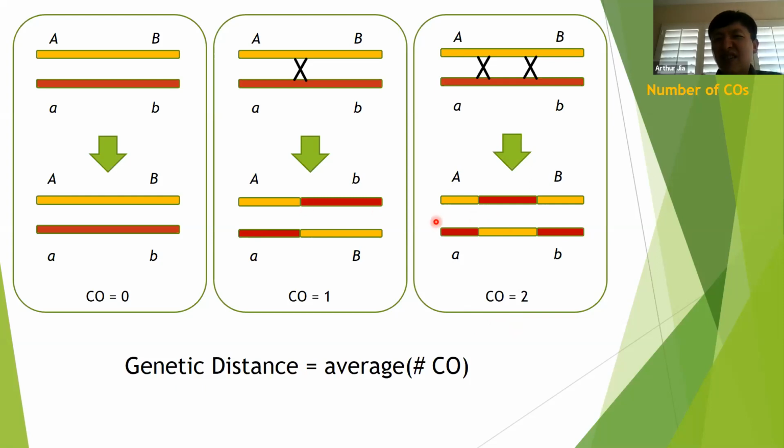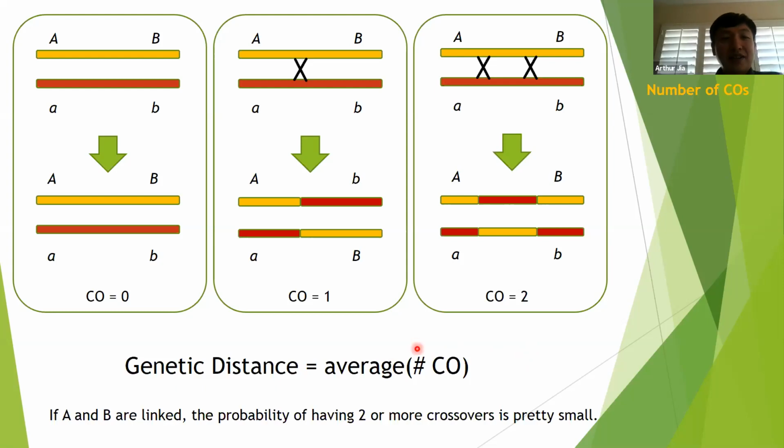If we have many thousands of progeny, and we look into each of these meioses to see how many crossing overs there are between A and B, we can do the calculation. If we take the average, we can calculate the average crossing over between A and B. That's the first measure of the genetic map distance between A and B. Is that clear?